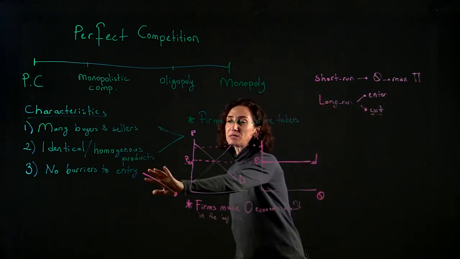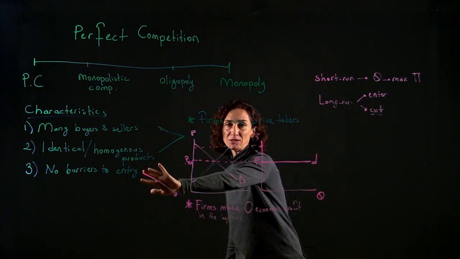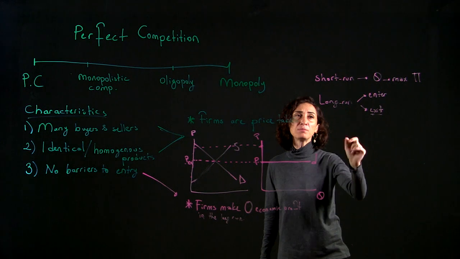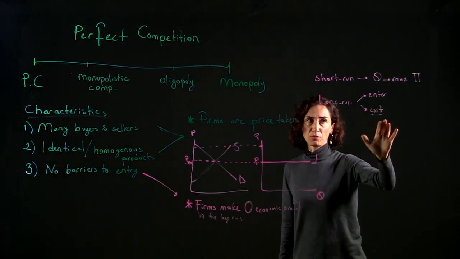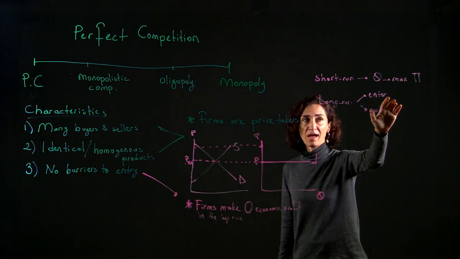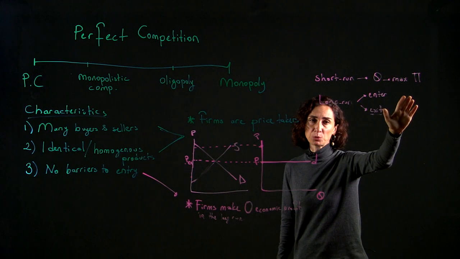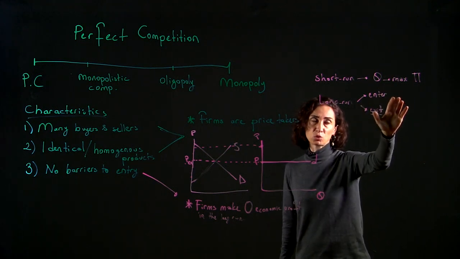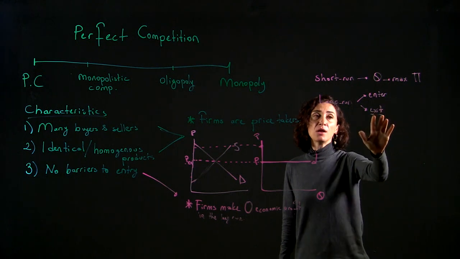And in a market where there are no barriers to entry, when there are positive economic profits, more firms will enter. And because more firms will enter, profits will go down to zero. We will explain this with a graph soon in the next lecture.